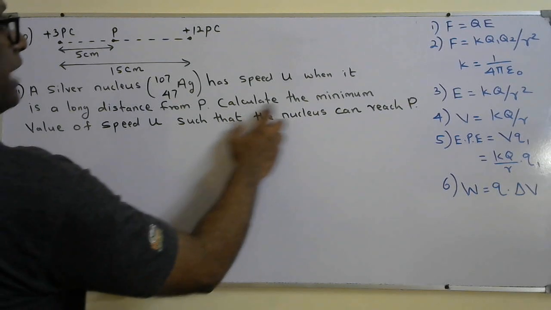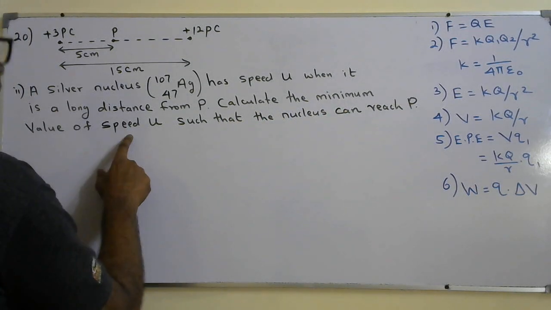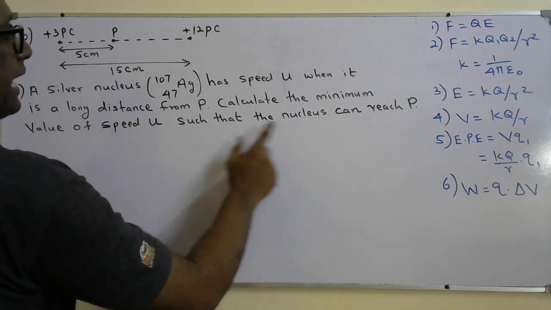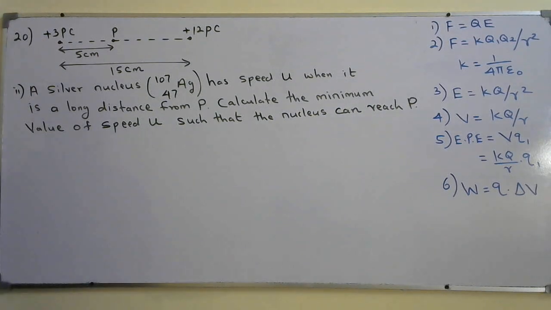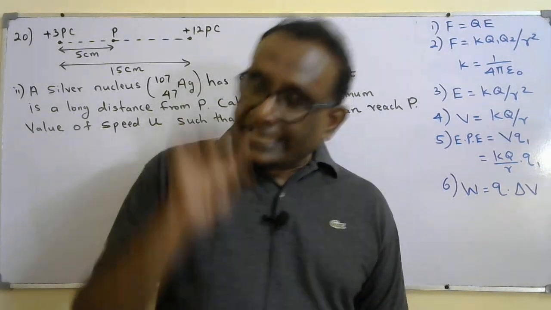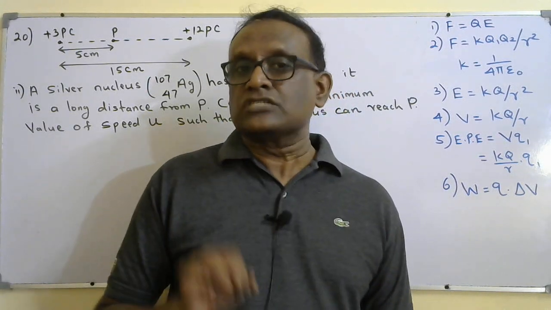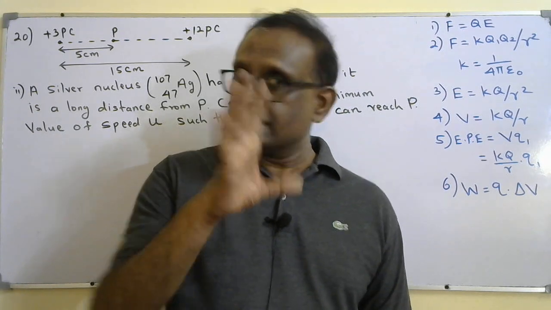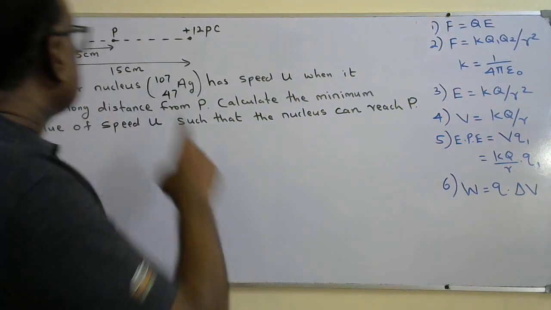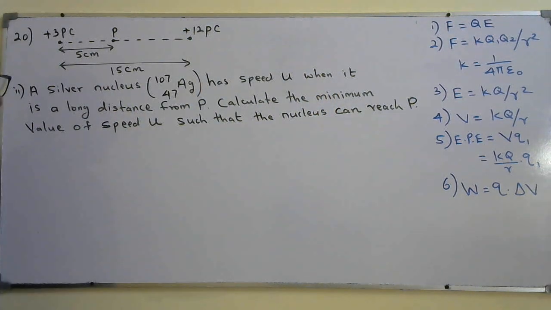The question is, calculate the minimum value of speed u such that the nucleus can reach P. So you know that the nucleus is a positively charged particle. Initially, at the point where the silver nucleus was, the electric potential is 0, far from these two point charges.